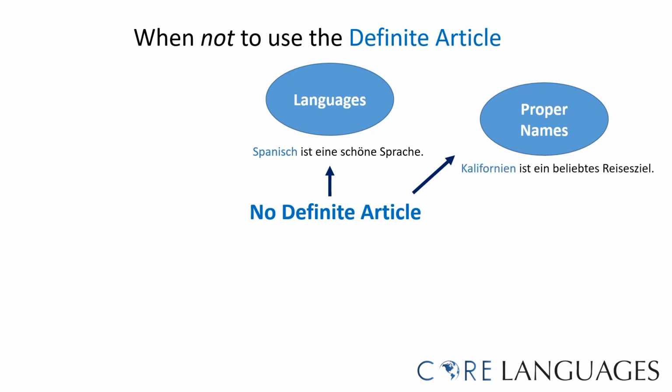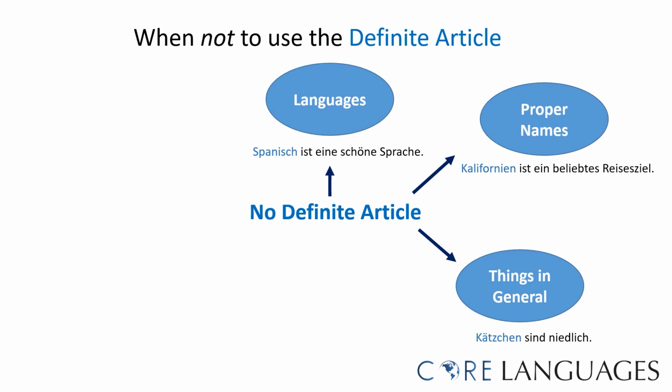For example, Kalifornien ist ein beliebtes Reiseziel. California is a popular travel destination. We don't use the definite article when referring to things in general. For example, Kätzchen sind niedlich. Kittens are cute.